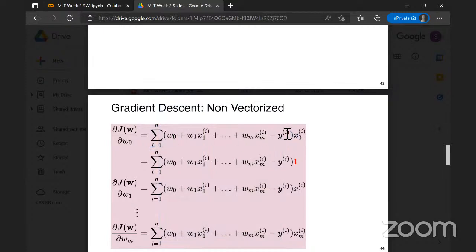And since x0 is constant in this situation, differentiation of W0x0 becomes x0 itself, right?